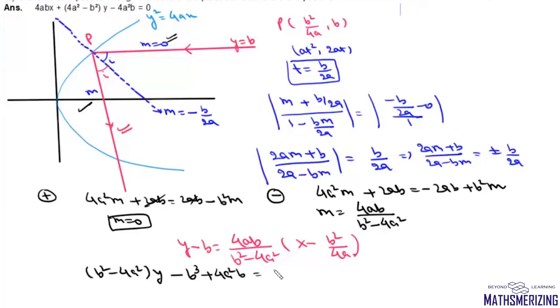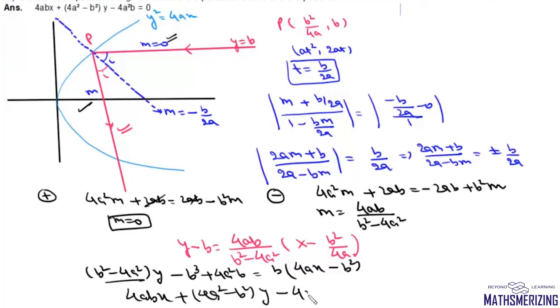Here 4a will cancel, we'll get b, and this is 4ax minus b square. So we can write this equation as 4abx; we'll take it on the right hand side. It will be plus (4a square minus b square) y, b cube will cancel, and minus 4a square b equals 0.